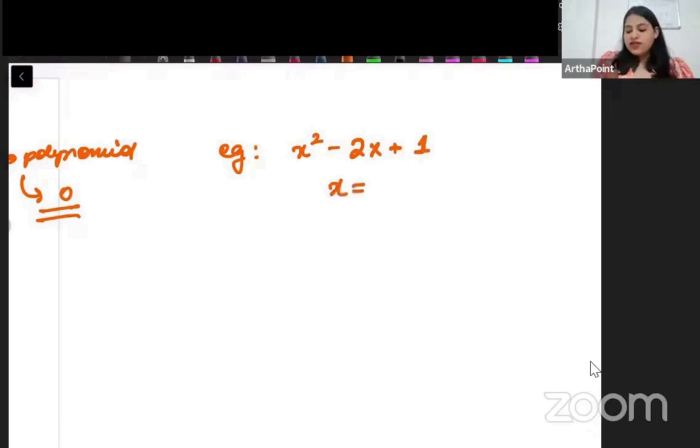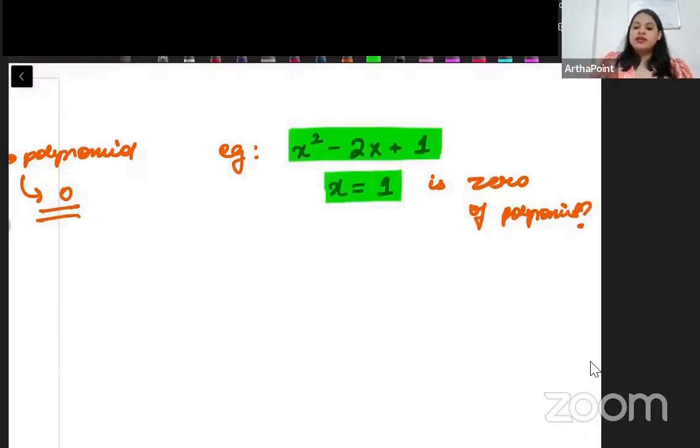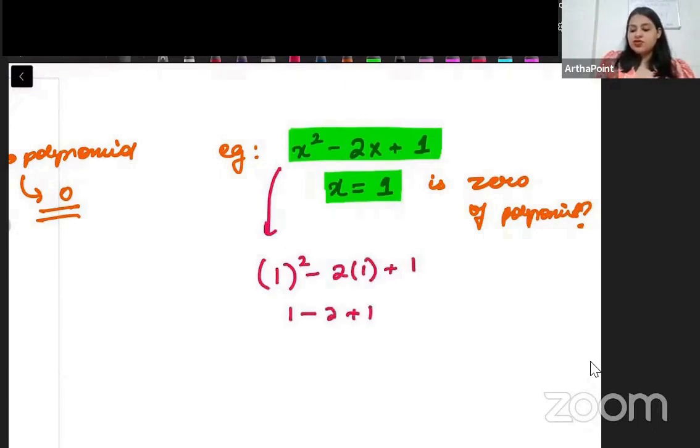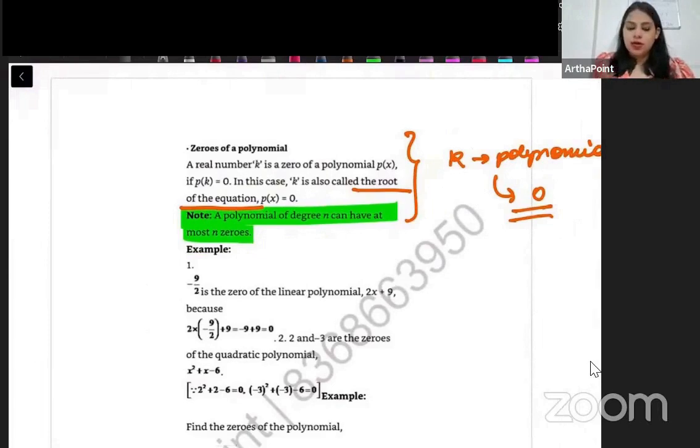I want to check whether x is equal to 1 is a zero of the polynomial or not. It will be a zero if, when you put x is equal to 1 in this equation, you get 0. So 1 square minus 2 into 1 plus 1, 1 minus 2 plus 1, which is 0. So this is in fact a zero of the polynomial.